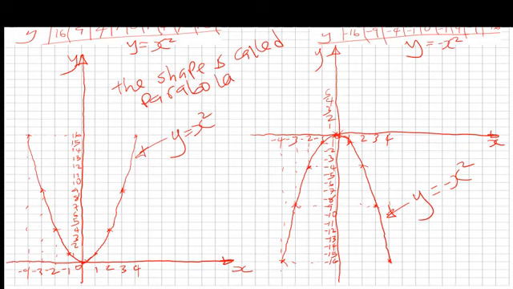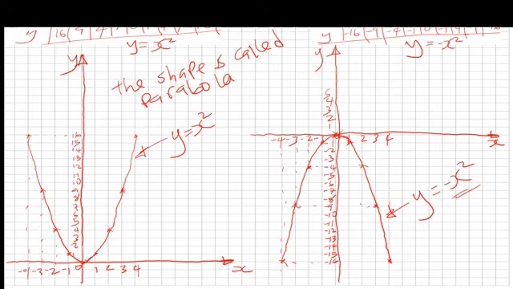Now the parabola is cup-shaped when the coefficient of x squared is positive, and when the shape is inverted, it means the coefficient is negative. So for today, you have to understand the quadratic function graph. This is a simple quadratic function graph.